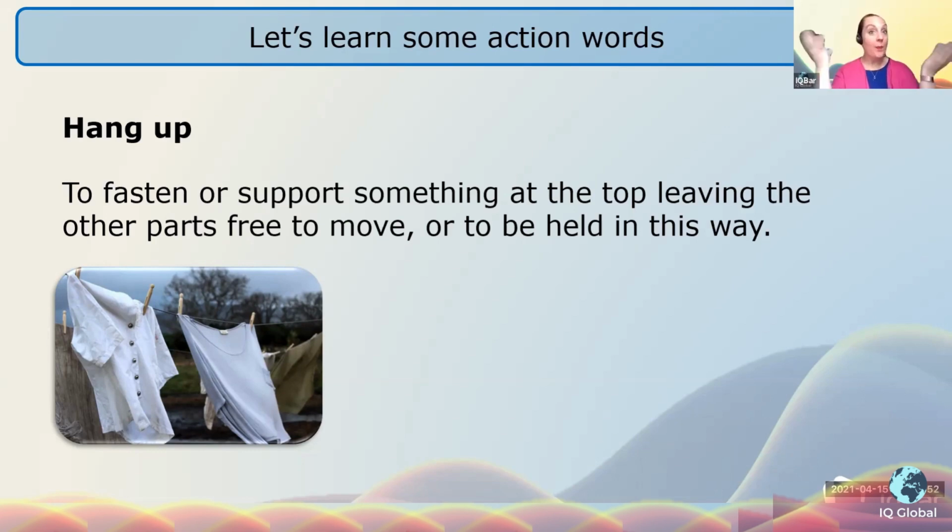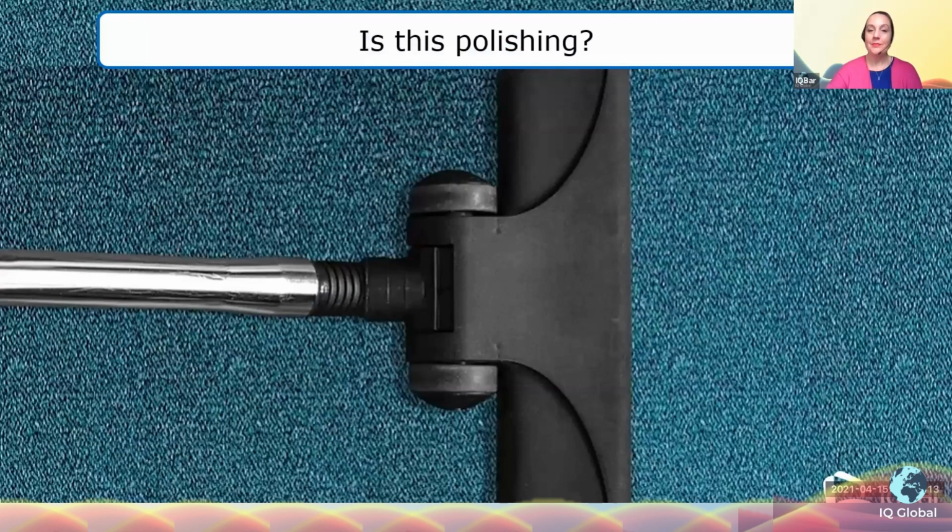So we hang up our clothes so they can dry in the sun. I also hang up my clothes in my wardrobe in my bedroom. I hang them up so that my clothes don't get all messy. So we need to hang up. That's another action word.